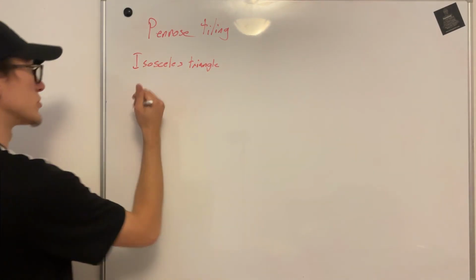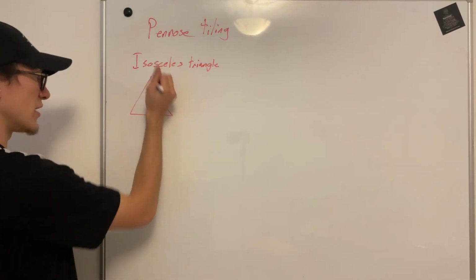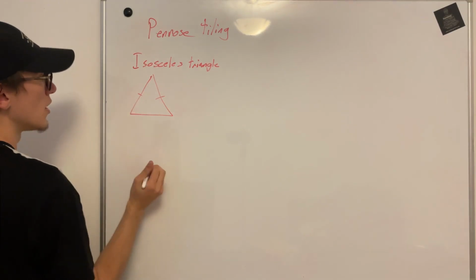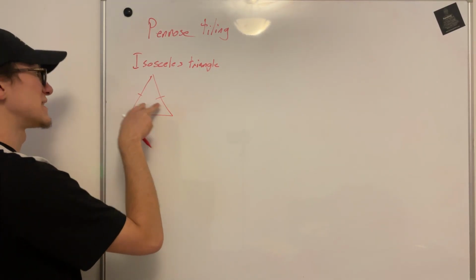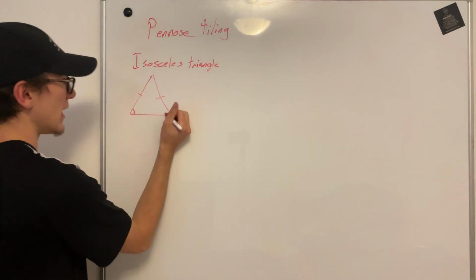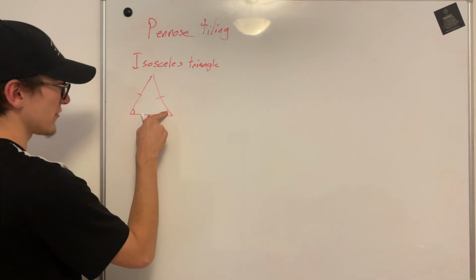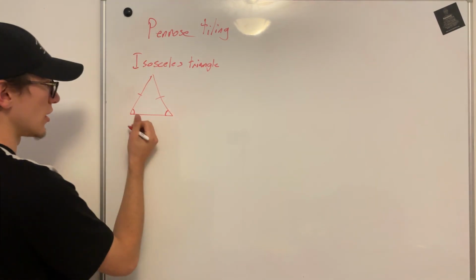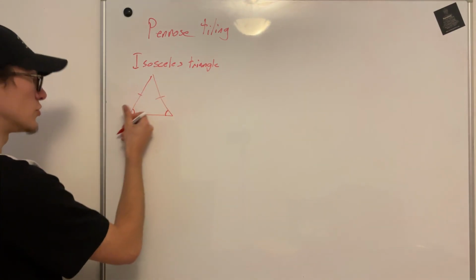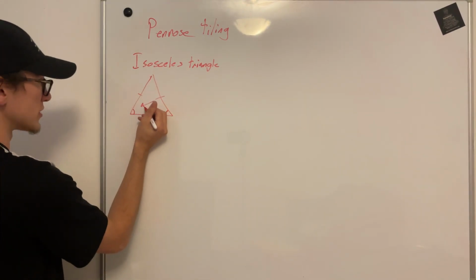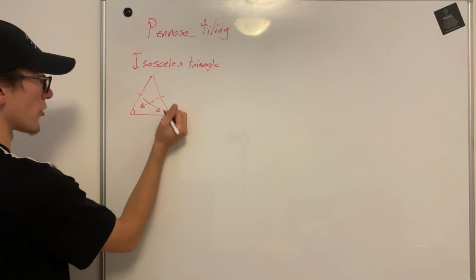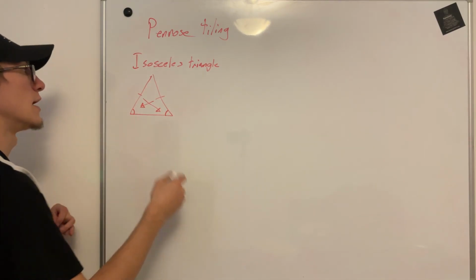Those triangles are basically whenever you have a triangle where two sides are the same length, and by that fact, the two angles opposite to those sides are the same as well.